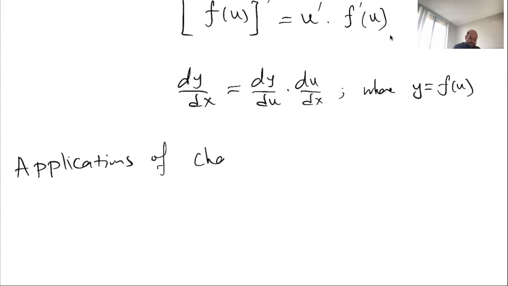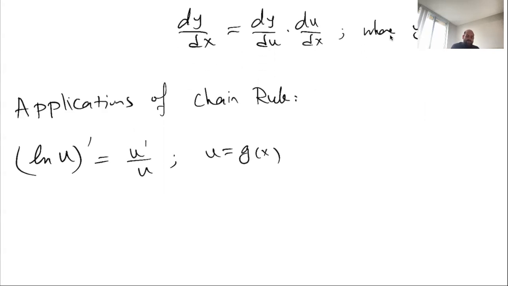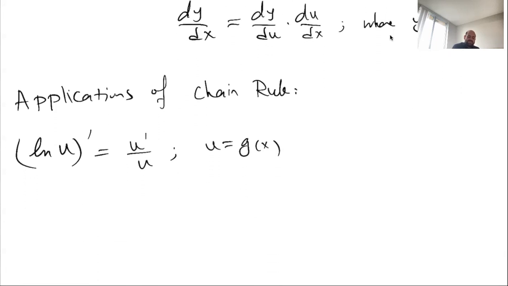For example, we saw the derivative of ln u equals u prime over u, where u is some function. We know the derivative of ln x is 1 over x. Now for ln u, if you replace x with u, you still do the standard differentiation.